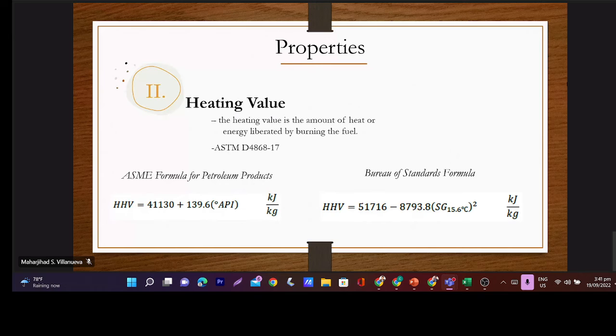Tas yung sagot po, in kilojoule per kilogram. Tas sa Bureau of Standards formula po, yung heating value is equals to 51,716 minus 8,793.8 times specific gravity at 15.6 degrees Celsius squared, in kilojoule per kilogram din po.